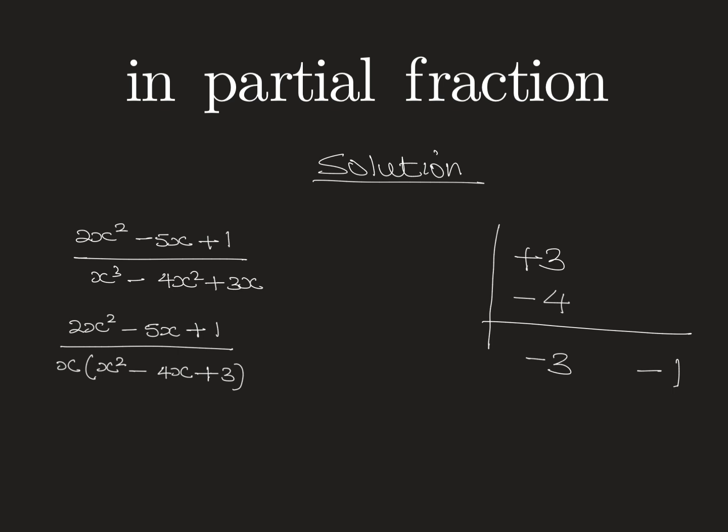So we can say that we have negative 3x and negative 1x, which can also be expressed as just negative x. All right, so I will take this negative 3x, negative x, and put it in the place of negative 4x, because negative 3x minus x will give me negative 4x.